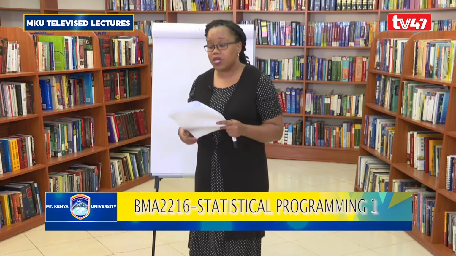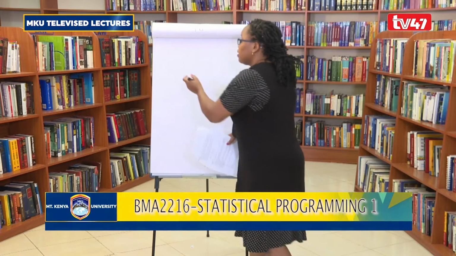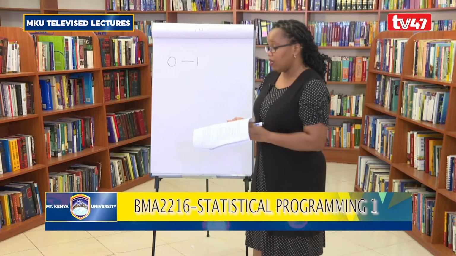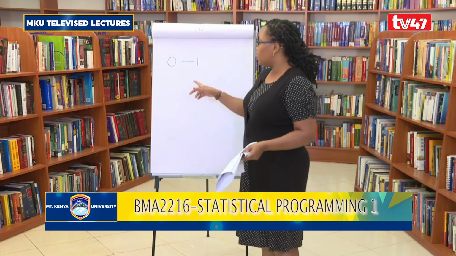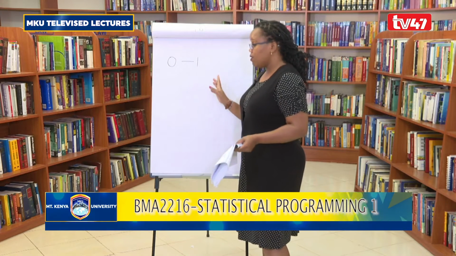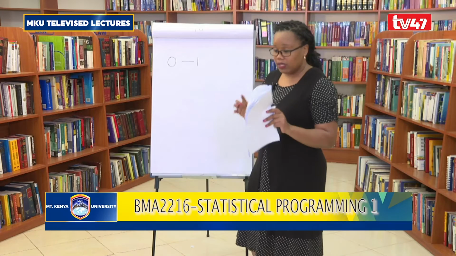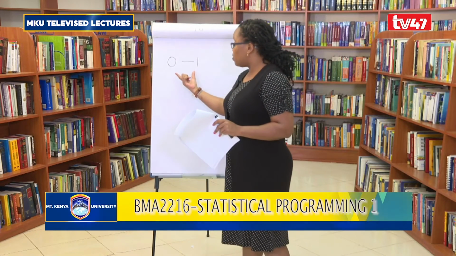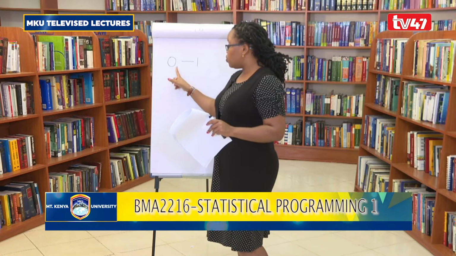Numerically, when calculating probability, the values range between 0 and 1. What does this mean? If you calculate probability and you get any value over 1 or beyond 1, then automatically you know something is wrong, because probability once calculated should only range between 0 and 1.